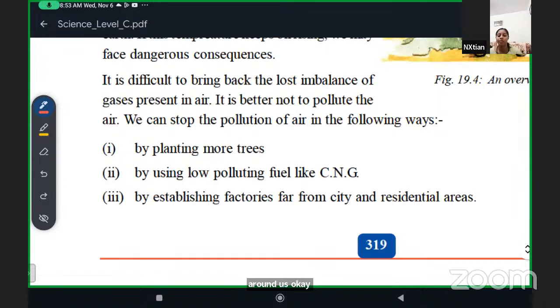Then by using low polluting fuel like CNG, a low polluting fuel can be used to reduce the pollution. Pollution check of the vehicles can be done. Then by establishing factories far from city and residential areas.